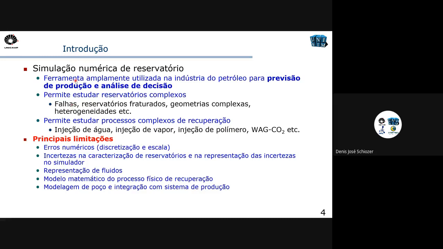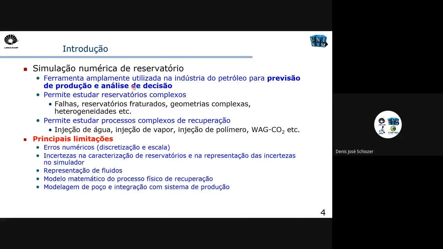Okay. So what I'm saying here is that simulation models are mainly used for these two types of things. First one is forecast production, and second is decision analysis. And these two main things are what we are going to focus on in the class, right?